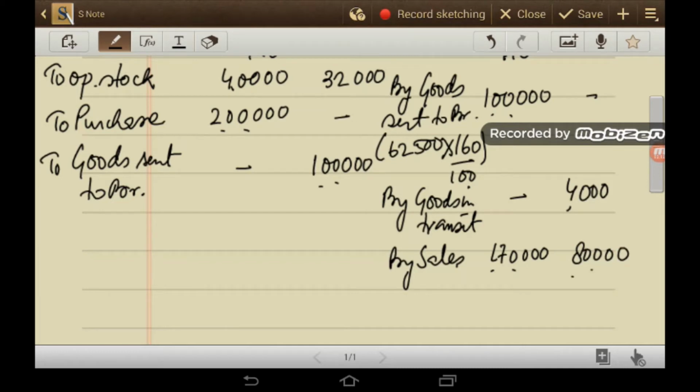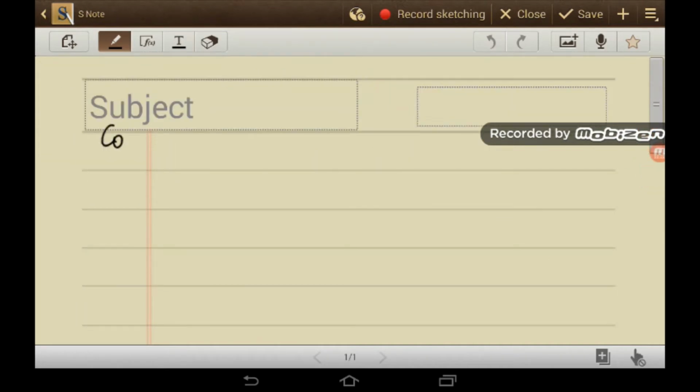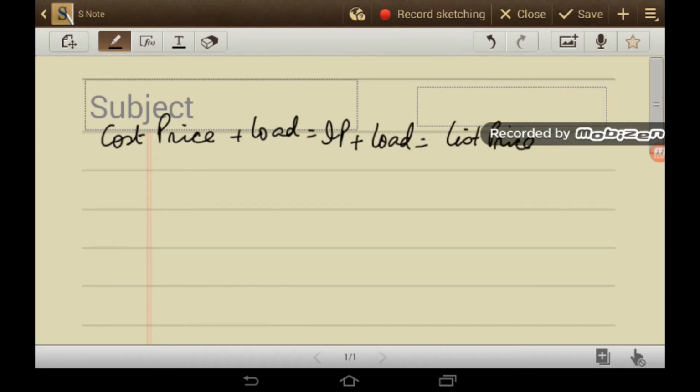Okay, and we have to calculate what is the closing stock of goods at head office and at branch. So cost price plus load is equal to invoice price, plus load is equal to list price. So this is the equation. Cost price plus load is invoice price.